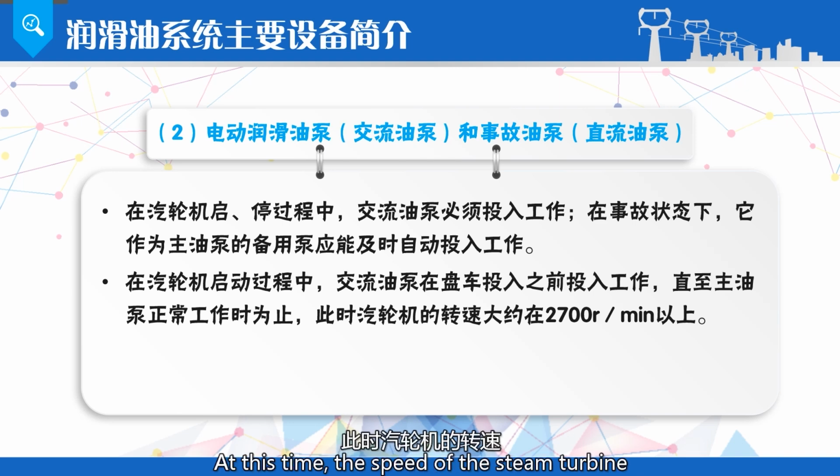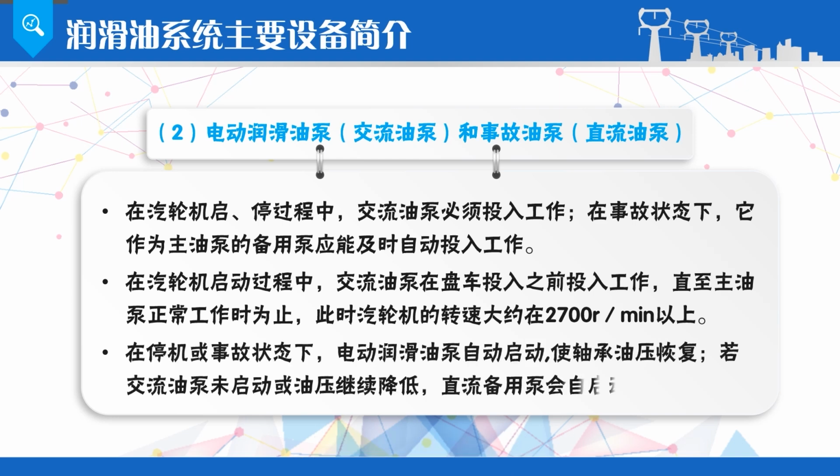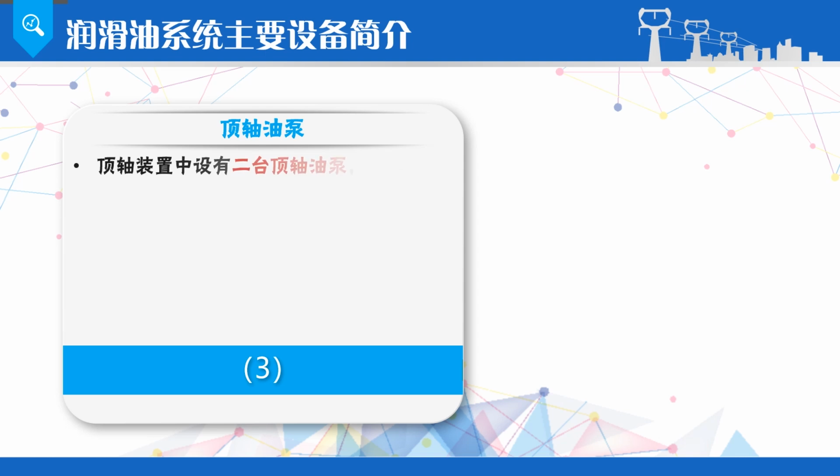At this time, the speed of the steam turbine is approximately 2,700 rounds per minute. In case of a shutdown or accident, the electric lubricating oil pump automatically starts to restore the bearing oil pressure. If the AC oil pump does not start or the oil pressure continues to decrease, the DC backup pump will start automatically.